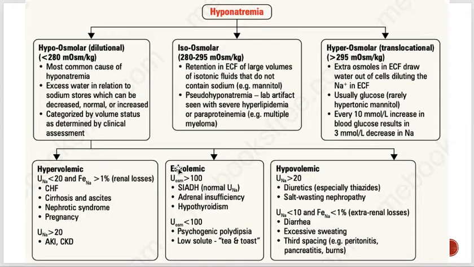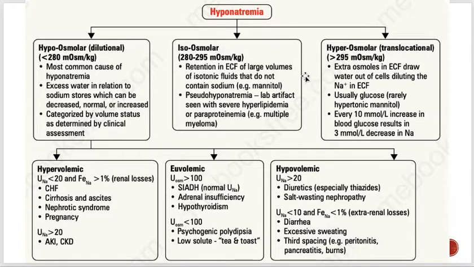So I told you, acute and chronic, right? Now many patients who are symptomatic or have acute hyponatremia, we can give them a concentrated saline, like 3%. 0.9% normal saline is considered the isotonic one. So we can give these patients 3% saline.